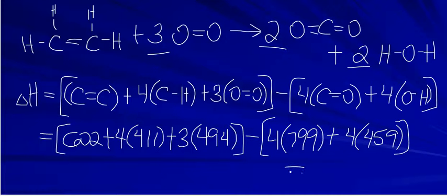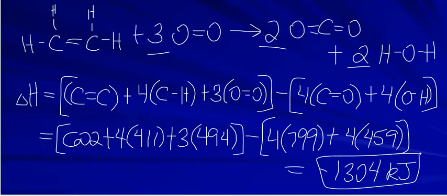So the heat of reaction for this equation comes out to a value of negative 1,304 kilojoules. So the sum of the bond energies for the reactants minus the sum of the bond energies for the products.